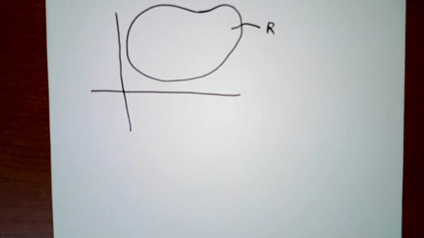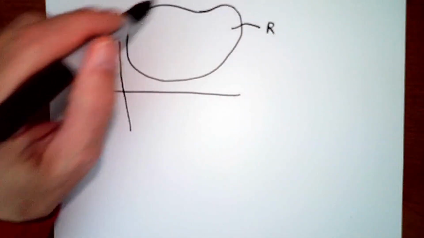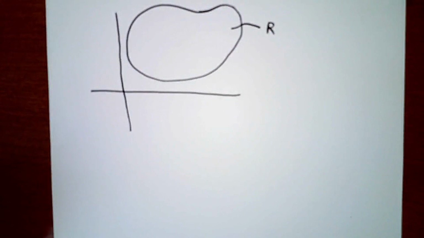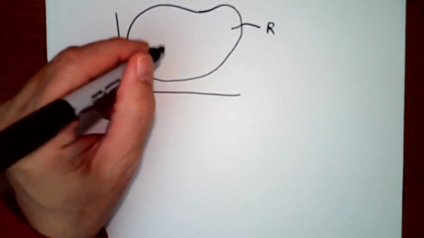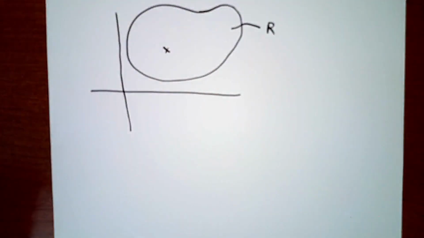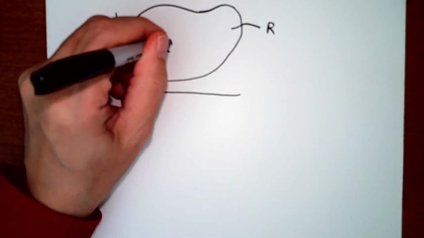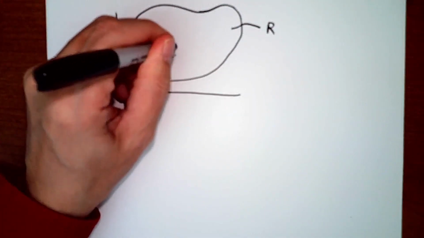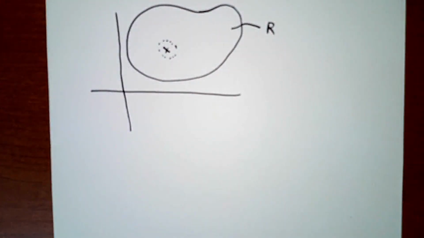Now imagine that you're in the two-dimensional plane and I have a region that is contained within some closed curve. There are places, such as that place, where I can find a small disk so that the entire disk is contained within region R. I'll call such a point an interior point.